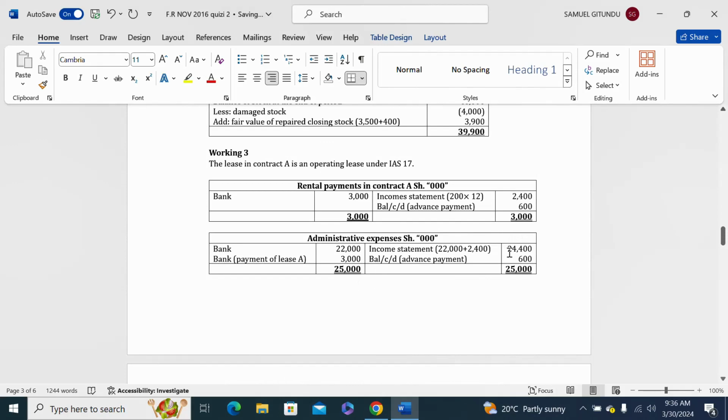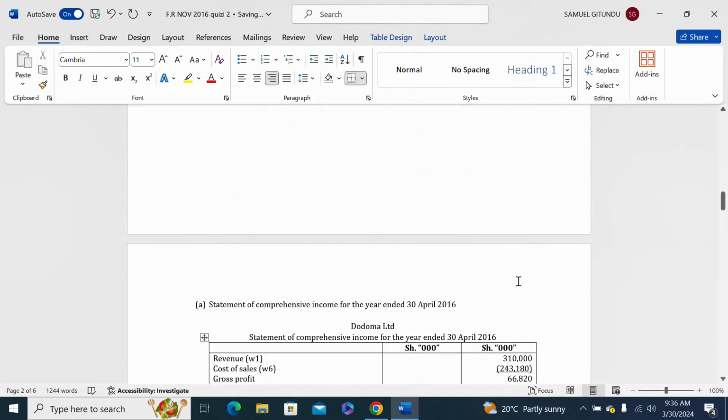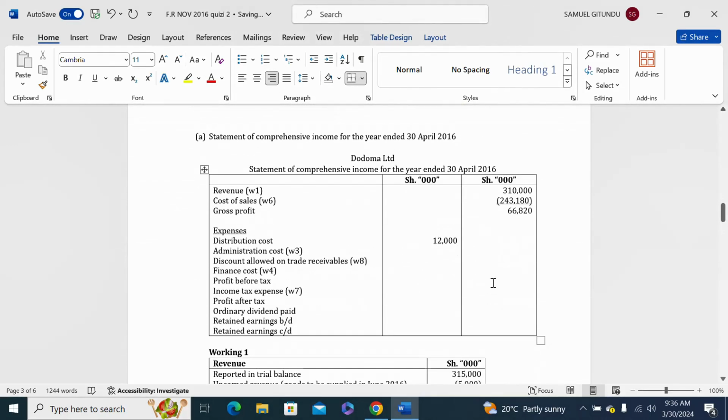It is 24,400,000. Then we have the discount allowed on trade receivable. That is 2 million from working note number 8.